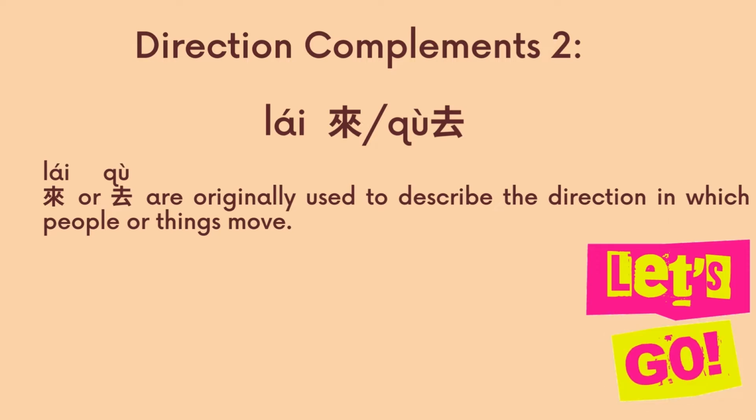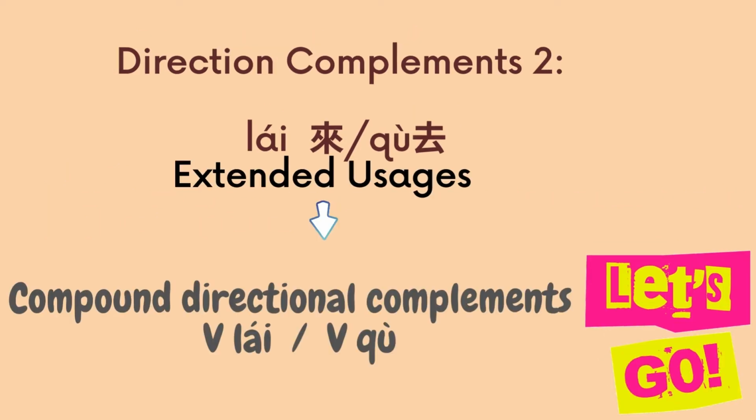You can watch the video introducing direction complements part 1 to learn the basic usages of 来 and 去. The link is provided in the description below this video. Today we'll go over some of their more advanced applications.